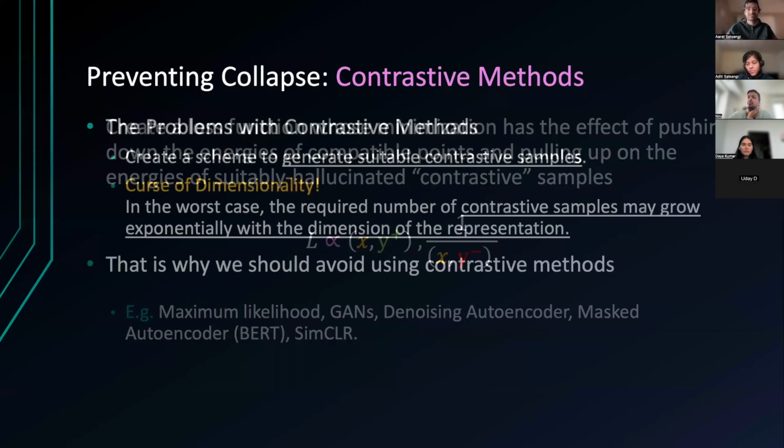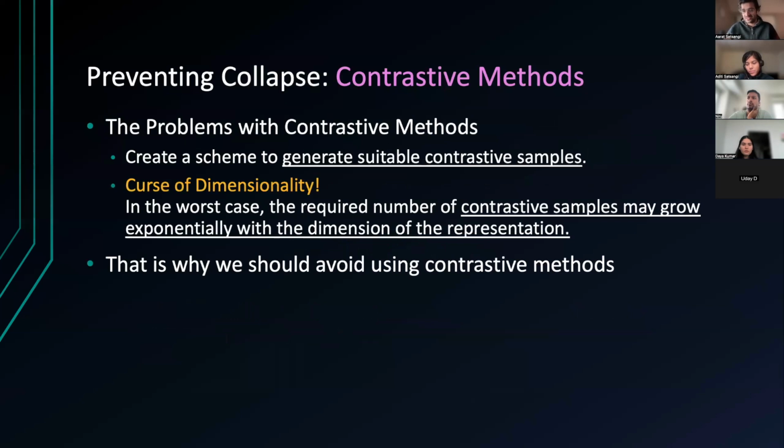But let's come to the problem with contrastive methods. The first is that you have to create a scheme to generate suitable contrastive samples. You are just given a data set, and you have to create a scheme to generate suitable contrastive samples.